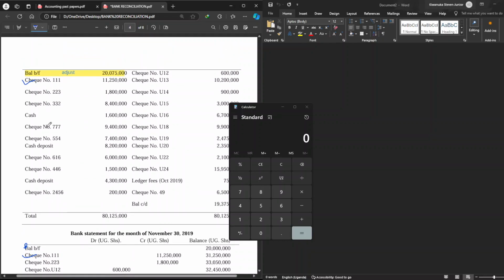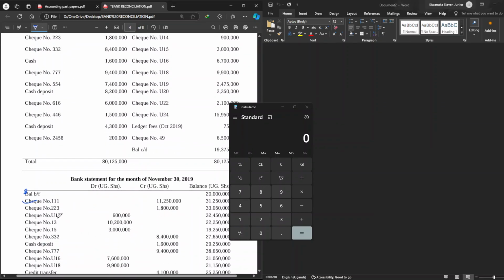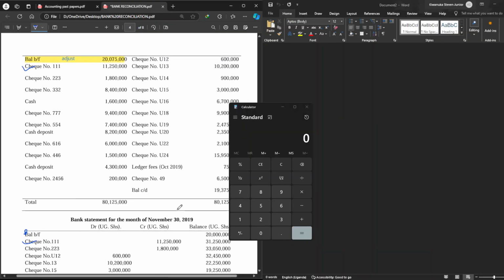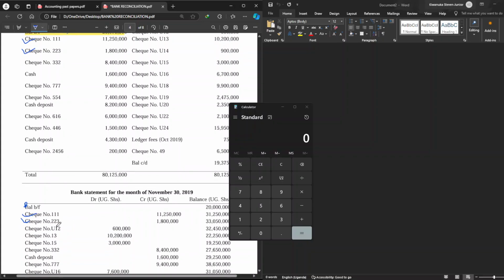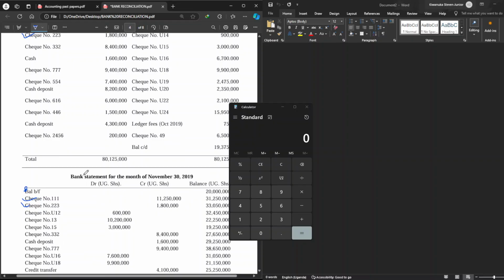And so we have here check number. No, we are using this as our ruler and guide. Check number 223 1.8 credit side. So 223 1.8, we tick here. We also tick here. So we have check number U12. So we come here.